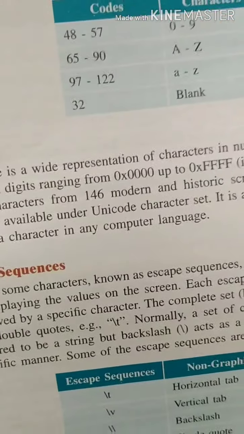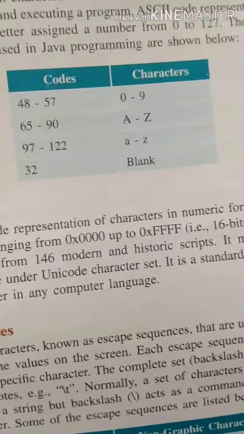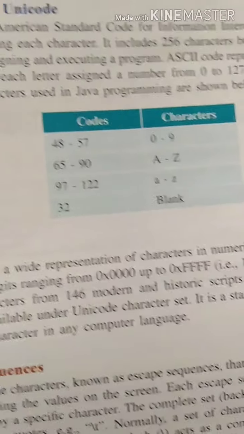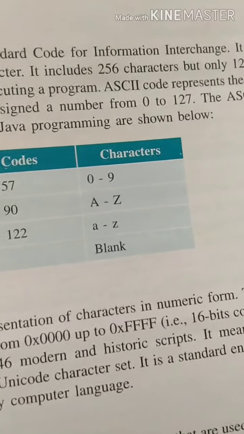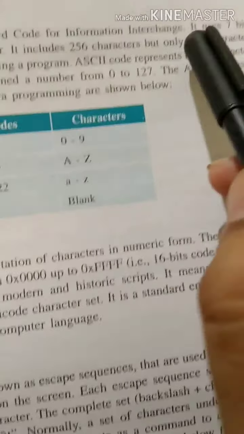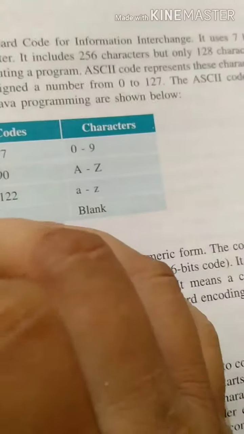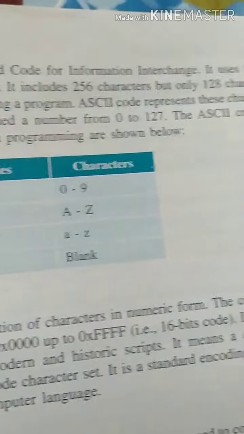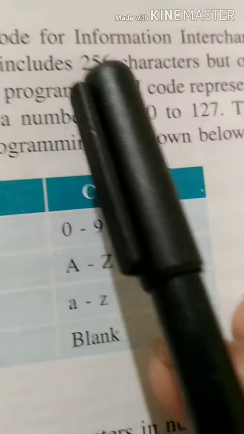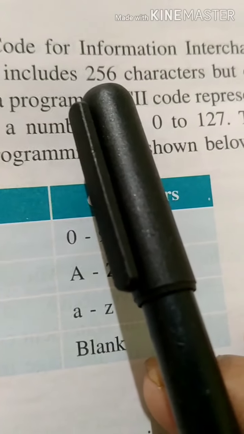ASCII uses a 7-bit code for representing each character, and it includes 256 characters, but only 128 characters are used while designing and executing a program. How many total characters are there in ASCII code?